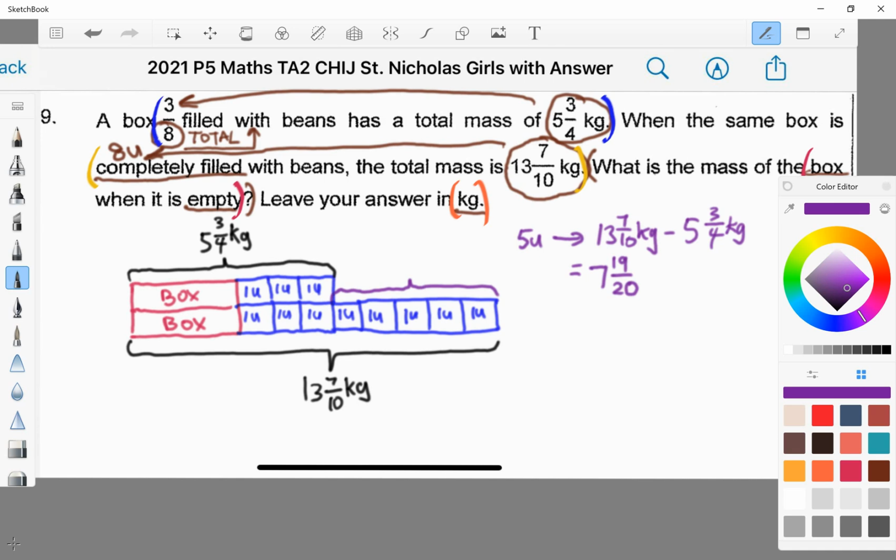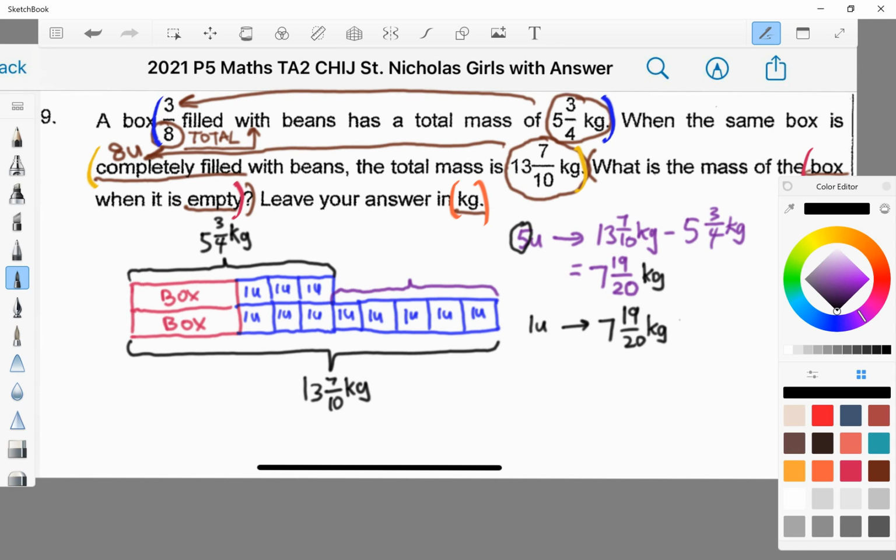So having found the answer, I will want to find out what is 1 unit. So if 5 units is 7 and 19 out of 20 kilograms, what about 1 unit? In this case, 1 unit has got to be 7 19 out of 20 kilograms divided by 5. And yes, we can actually change 7 19 out of 20 kilograms into the decimal form.